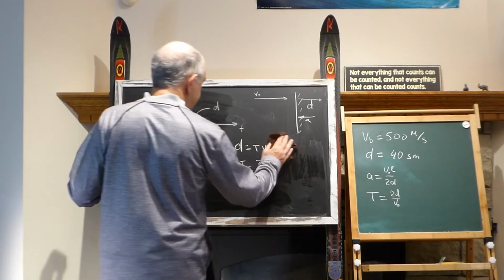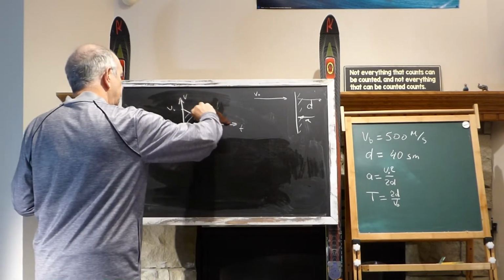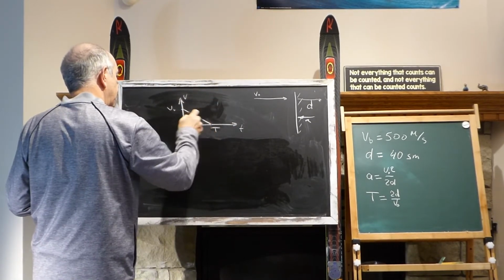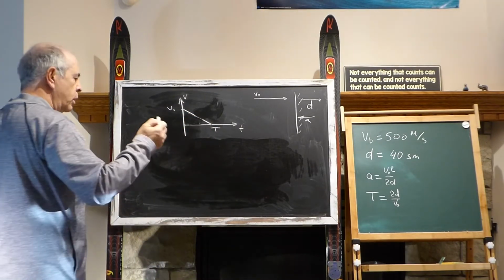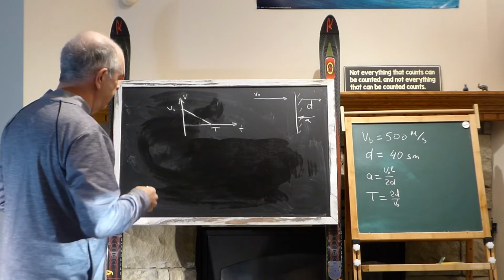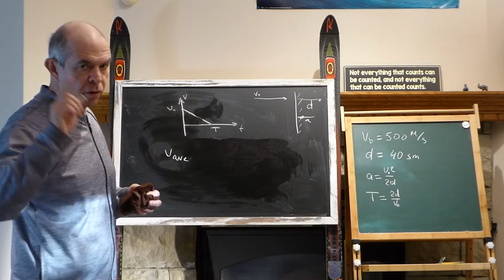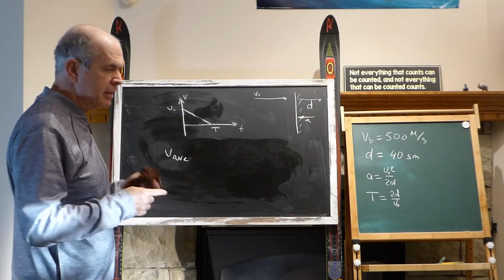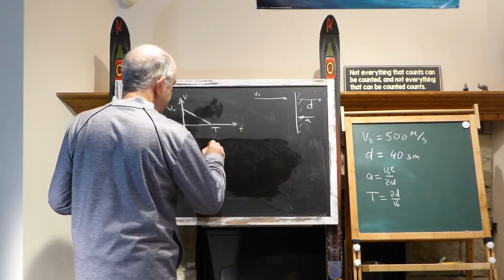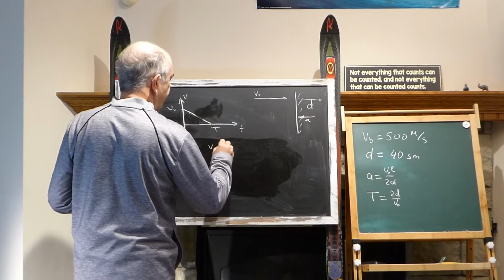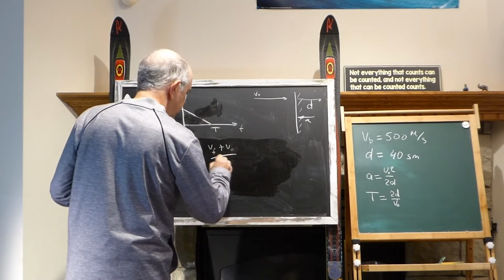But I could come to this in an even simpler way, without graphs or anything. I could tell what the average speed would be. And average speed, and this is only valid for constant acceleration or constant deceleration, which is exactly the same, only the sign is different. V average is equal to V final plus V0 divided by 2.